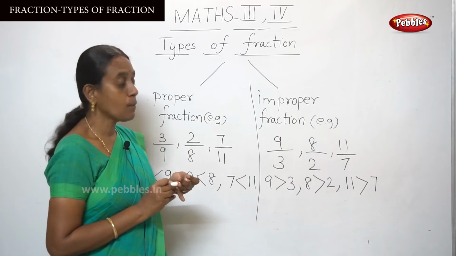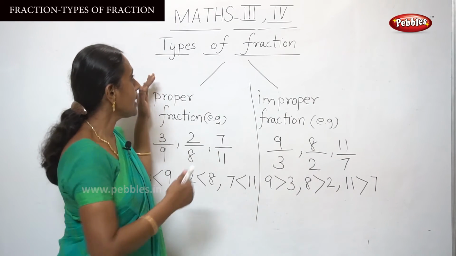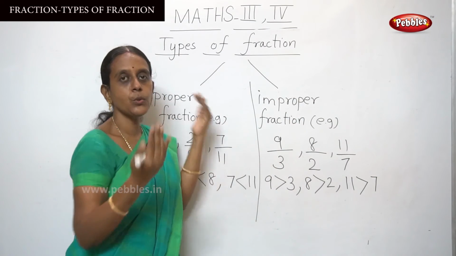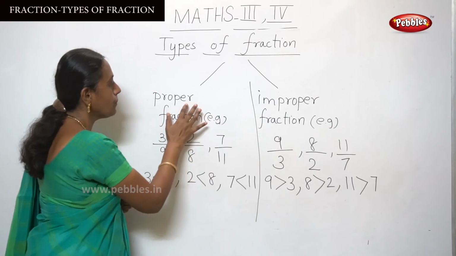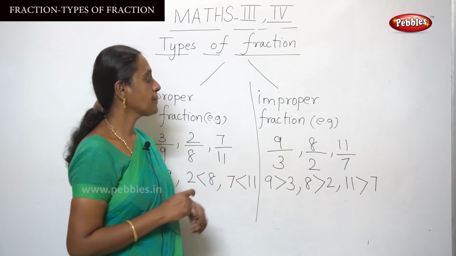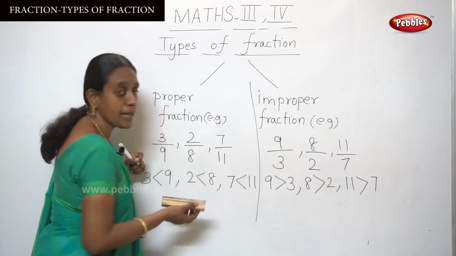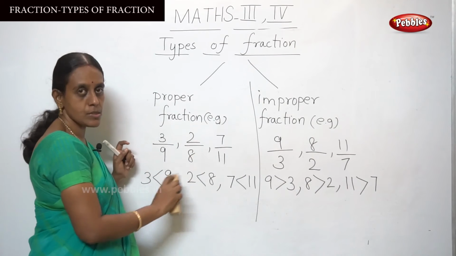So based upon the numerator and denominator, we can classify fractions into two types, proper fraction and improper fraction. Let me move on to the next types of fraction, and I am going to explain with examples. Do you understand this, children?